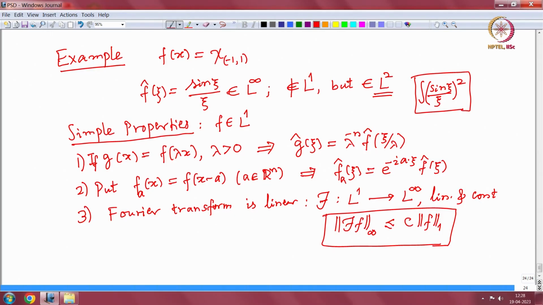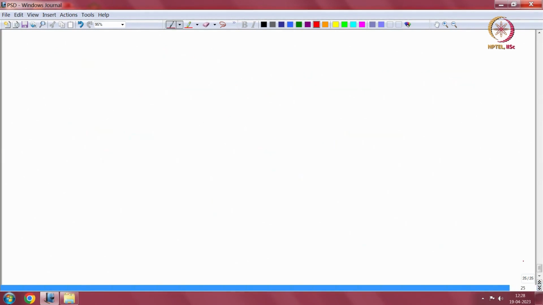One of the important things we need even later. Let me state it as a theorem. Let me state this for general R n, but give the proof for n equal to 1.